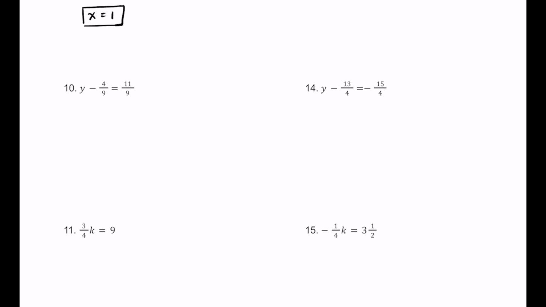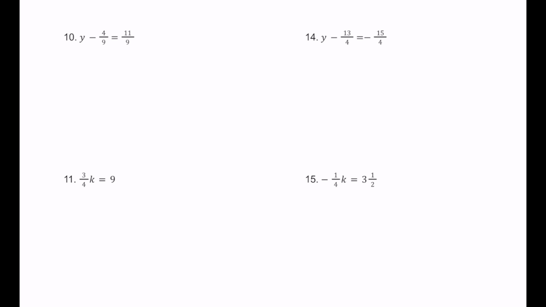Okay. Number 10, we're going to use the addition property of equality and add 4/9 on the left side and add 4/9 on the right side. Okay, when we go ahead and do that on both sides, we're going to get 0, so we're going to get y plus 0 from that negative 4/9 and positive 4/9. And on the right side, we have this 11/9 adding on to the 4/9. They have common denominators, so we can add 11 plus 4 to get 15/9.